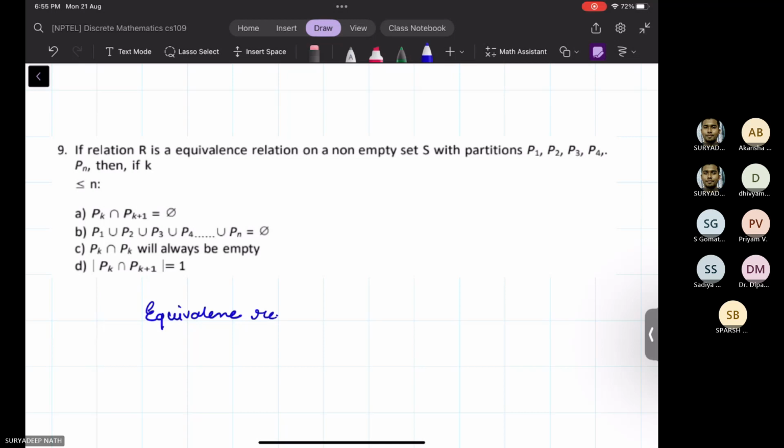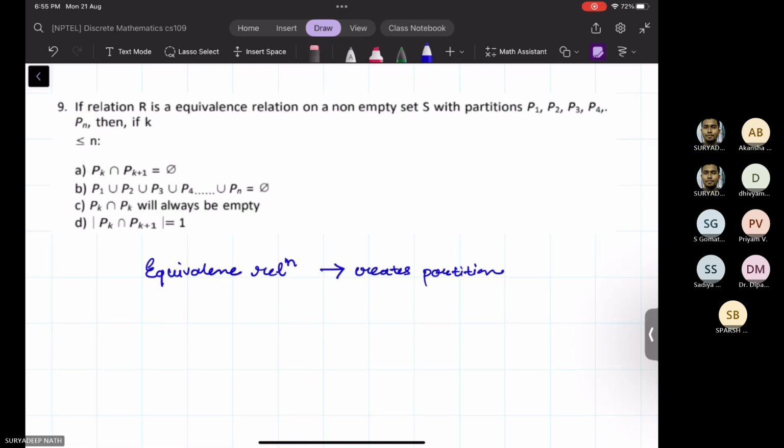This equivalence relation creates partition, which means that, now tell me whether these partitions are disjoint or overlapping.